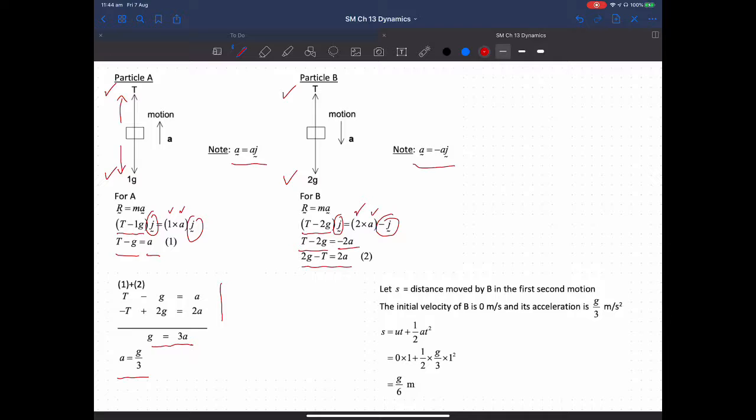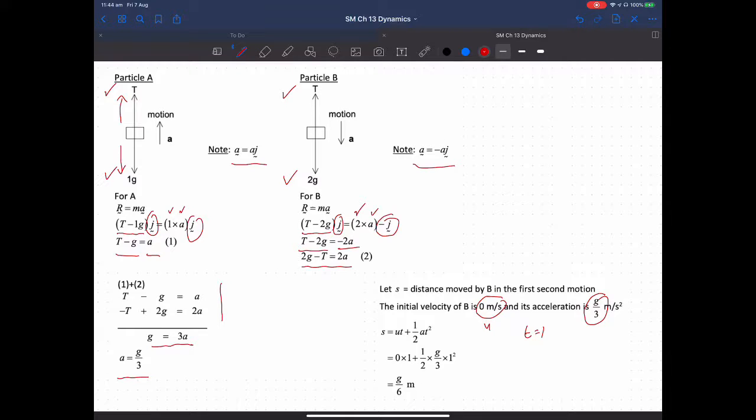So we know the particle started at rest, so its initial velocity was 0 meters per second. So u is 0. We're looking over 1 second, so we know time is equal to 1, and we've also worked out acceleration. Now g is a constant, so a constant divided by another constant, a number, is a constant.